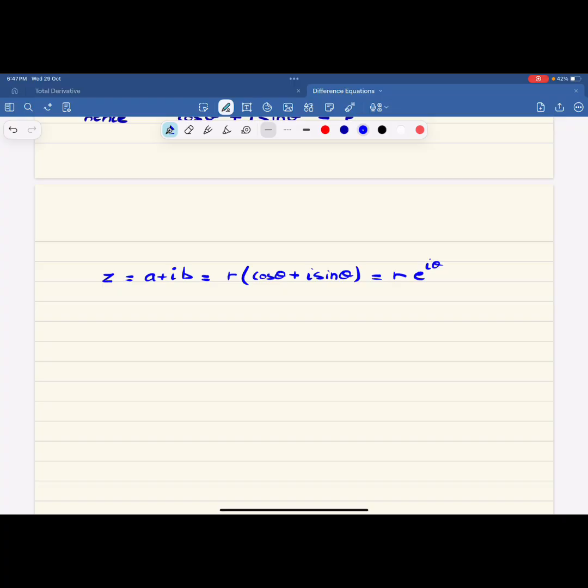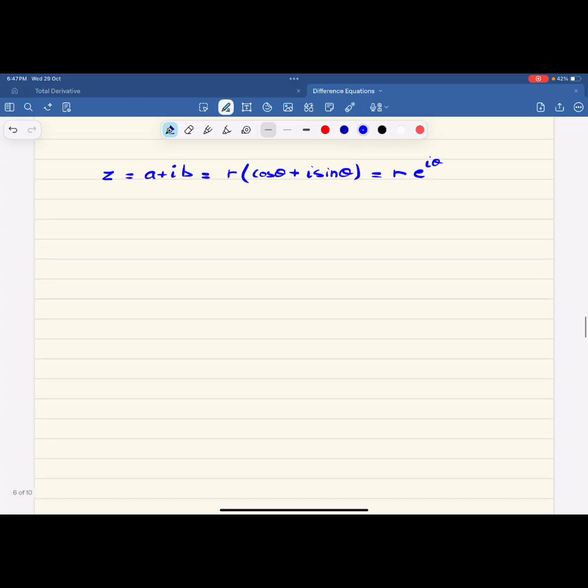Another preliminary piece of knowledge that we need is De Moivre's theorem. I have no idea how to pronounce this, De Moivre, I guess. Maybe it's a French word. I'm going to search this up later.